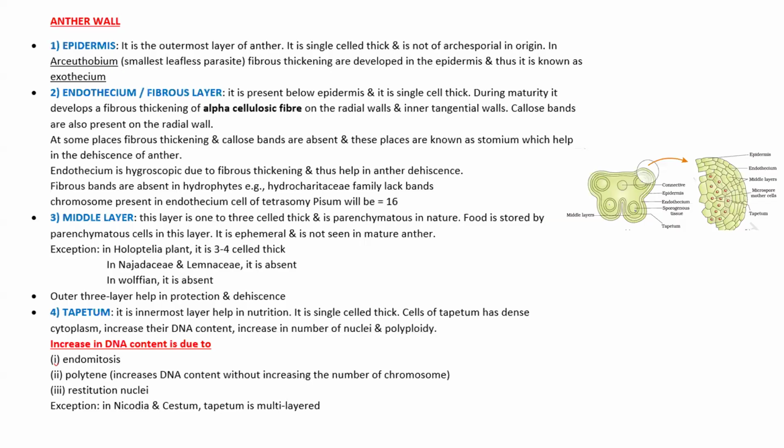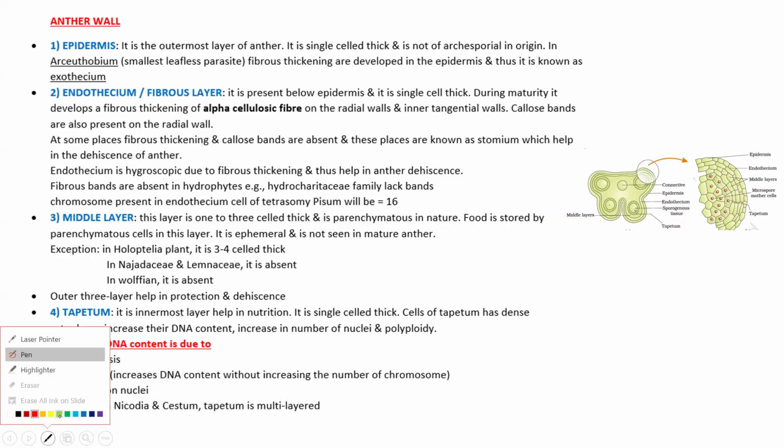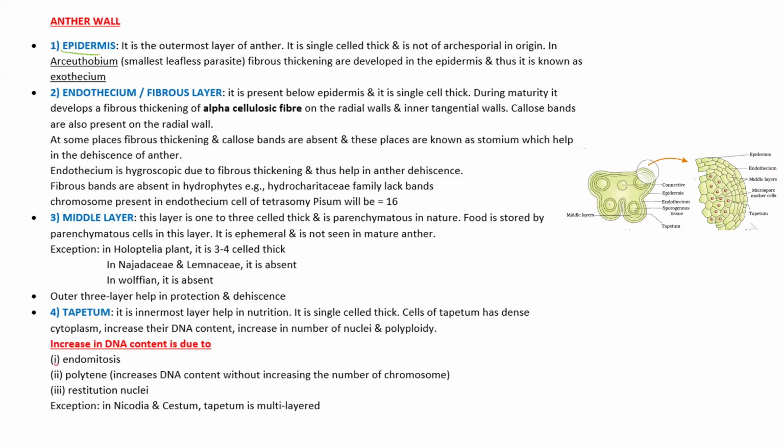Now see, the first layer, the outermost layer, is the epidermis. In the previous video, we already studied that it is not archesporial in origin. It was already present from the beginning. It is a single cell layer. But one exception is there.